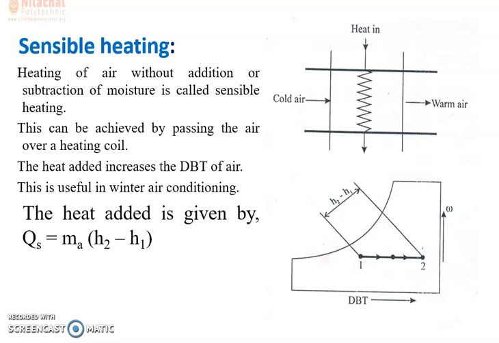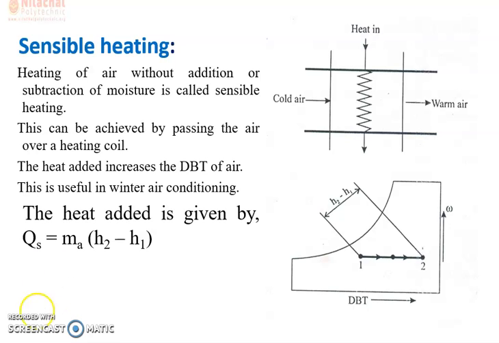In the final mathematical form, we can write Q equals Ma Cp into TD2 minus TD1. So this is all about sensible heating.